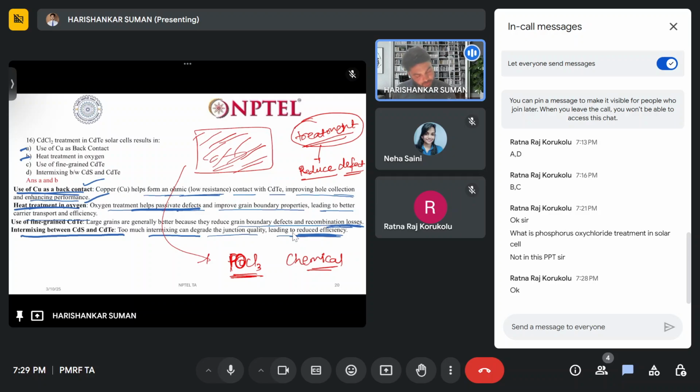In the material, not only are there surface defects, there are also defects in the bulk. So to reduce the defects, we will use the POCl3 chemical treatment to create an n-type layer on a silicon wafer.